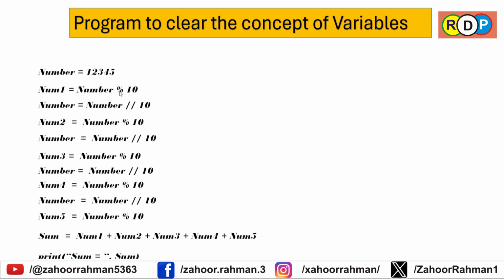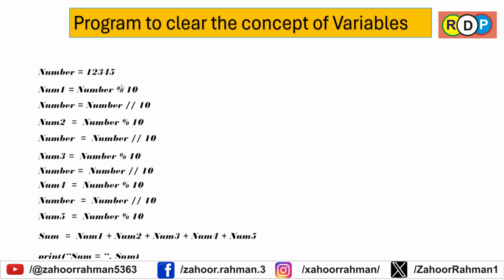Before explaining this program, I want to tell you that there is a percent sign and a double slash. These are called operators. An operator is a character which performs an action on the data and brings changes inside the data. First, we have to understand what this percent sign is. Percent is the modulus operator and double slash is integer division.